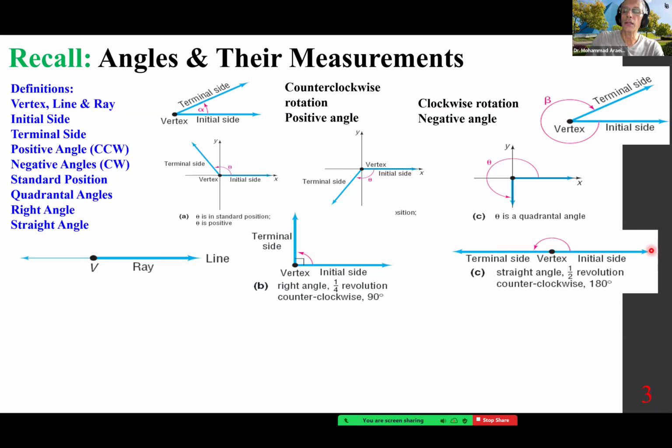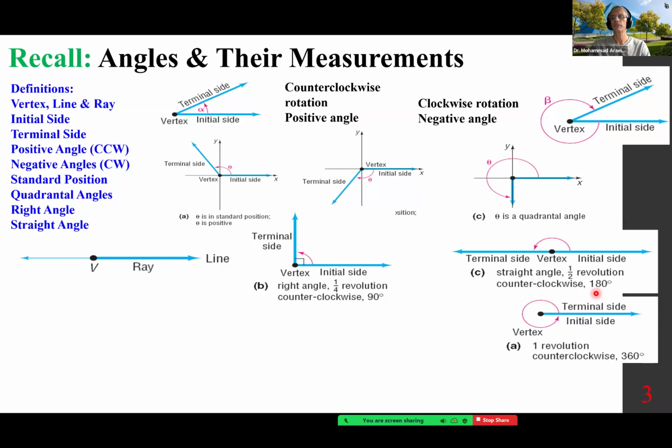If the initial side is along the positive side of the x-axis and the terminal side along the negative side, this is a straight angle, half of a revolution, 180 degrees, or pi radians. A complete revolution, 360 degrees, or 2 pi radians: the terminal and initial side end up being along the positive side of the x-axis.